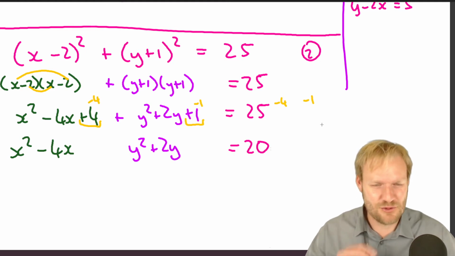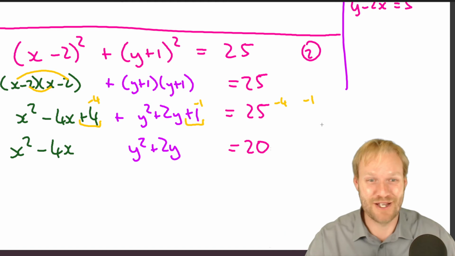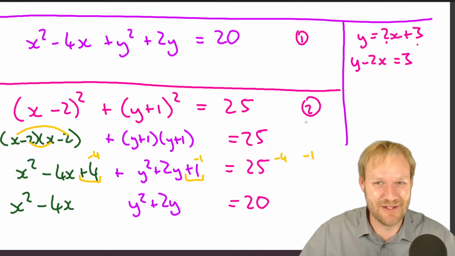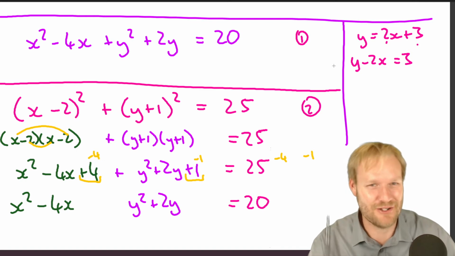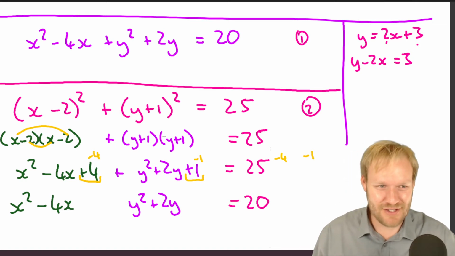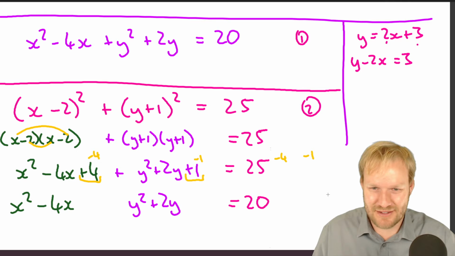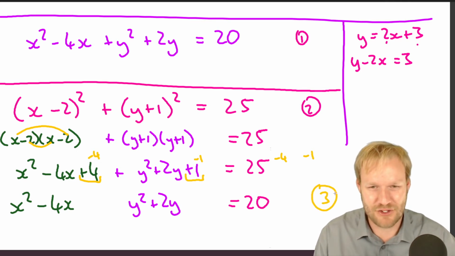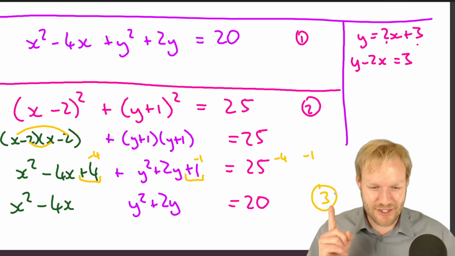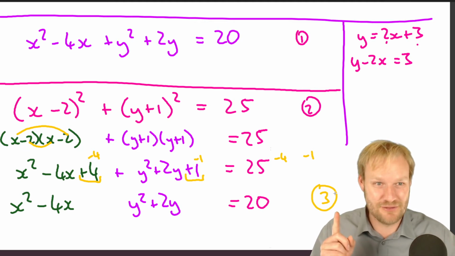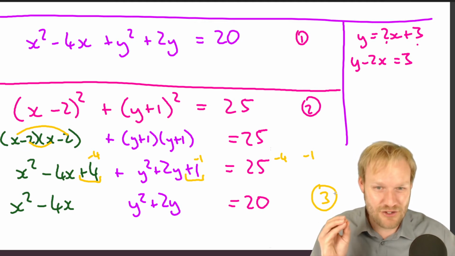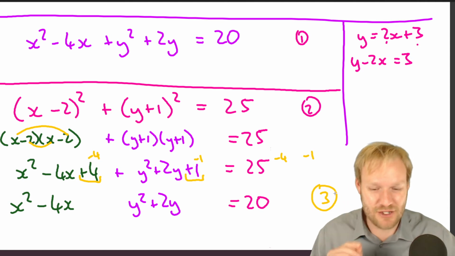And wait a second, pretty unsurprising that that's the one we're given over there, right? So now our task: let's label this as equation 3, just so I can refer to them. So we were given equation 3 in this format, which looks like 1. And we need to turn equation 3 into equation 2.